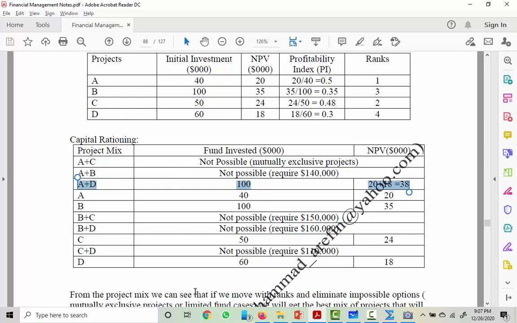If you invest in project A and D, you will be able to invest all your capital and you will get the highest NPV. So this will be the best allocation of your capital. Right.